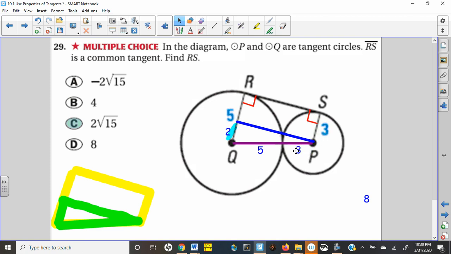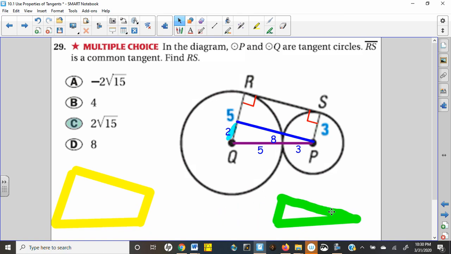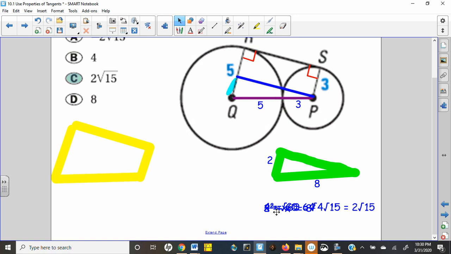So that makes this entire piece turn out to be 8. And so now you have a right triangle. Let's bring it back in, where the hypotenuse is 8, one of the legs is 2, and now it just becomes a Pythagorean Theorem problem, right?